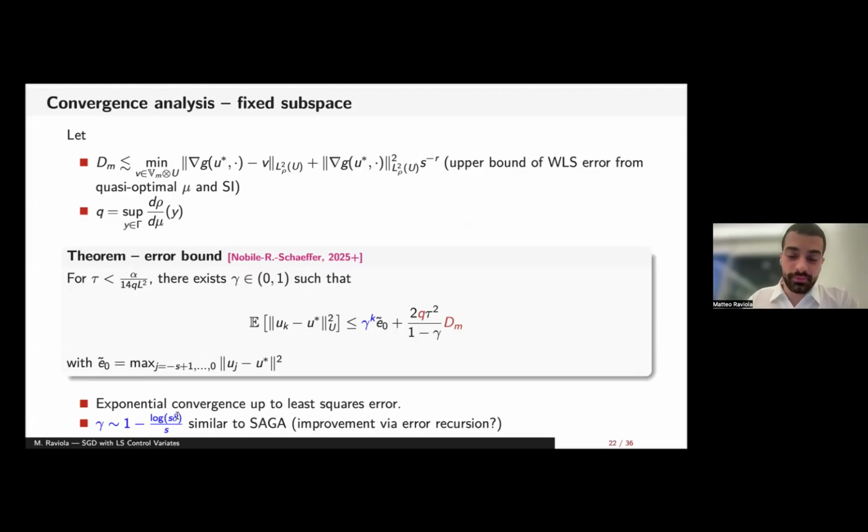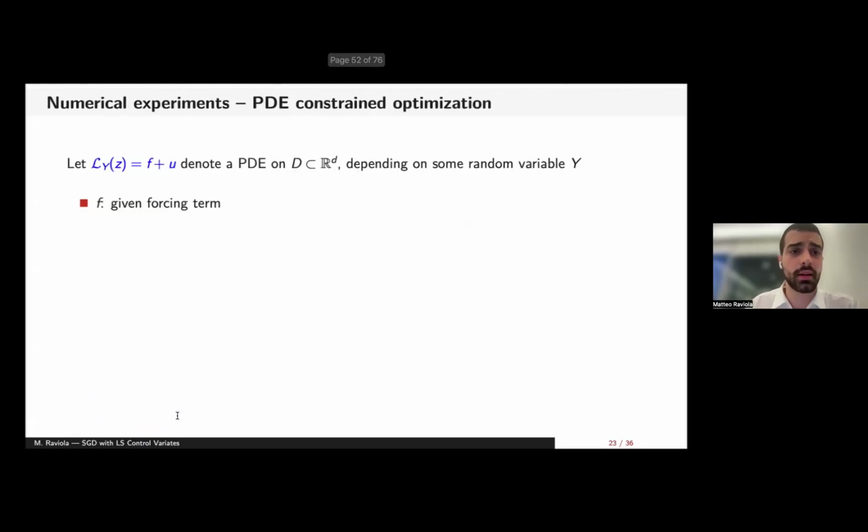You're welcome. So right, numerical experiments. As I just said earlier, what we are interested in is a PDE-constrained optimization. So what we are interested in is a PDE given in this form, with some differential operator L, which depends on parameters Y, which are random. And this equation defines our state Z, and the F is the forcing term.